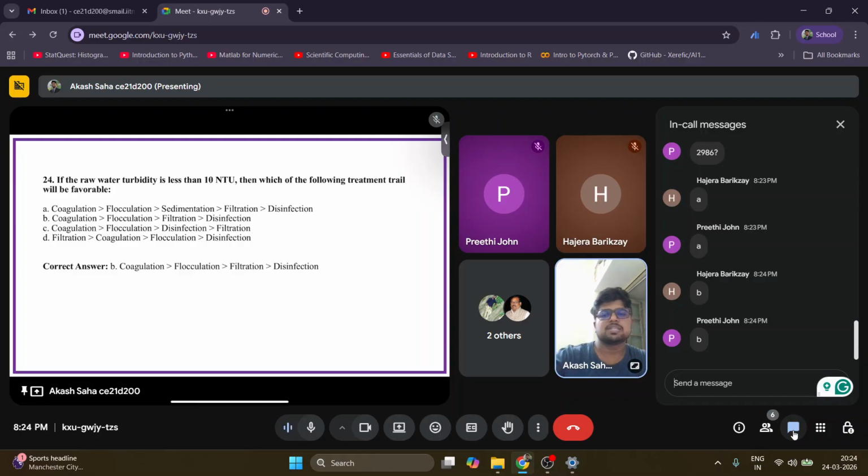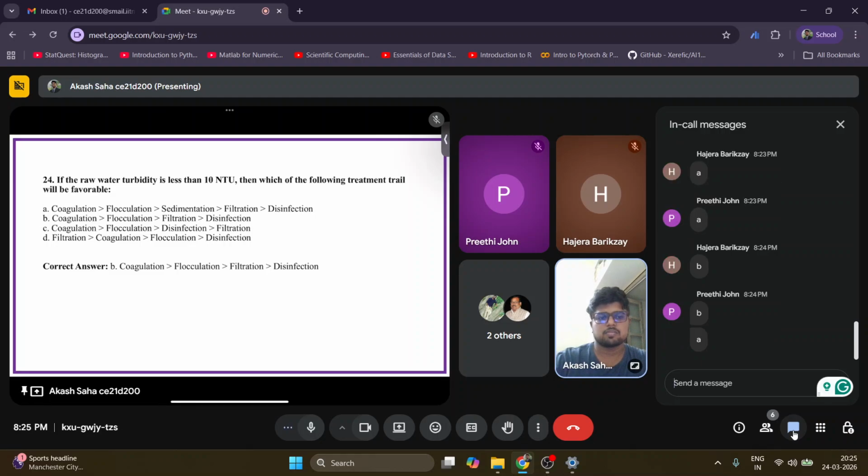But if it is more than 10 NTU, then what will be the answer? If it is more than 10 NTU or 50 NTU like that, then A. Yes, then sedimentation will also be coming into the picture.